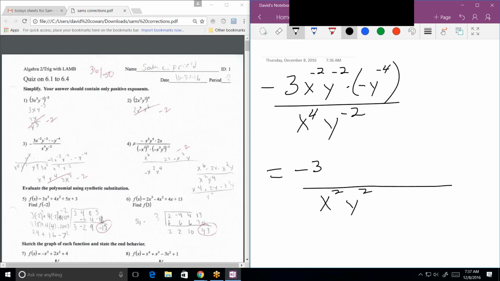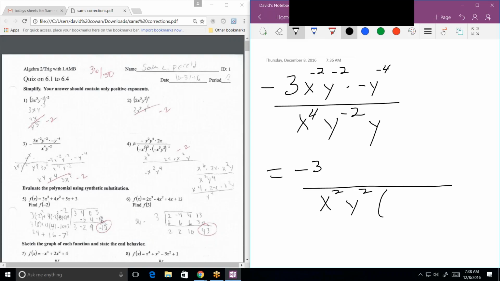This minus y to the minus 4, let's just take the whole thing down there. Hold on, let me look at this. That minus sign, I put it in parentheses, but it doesn't belong in parentheses. Notice the way they gave it to you was like this, which means the minus 4 only applies to the y.